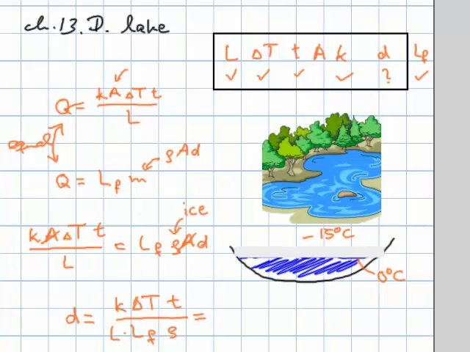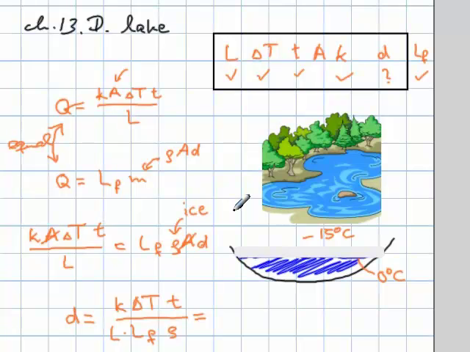Okay, haven't found it yet. I only found the values for Young's modulus and so on. Okay, it's in the chapter on fluids. The density of ice is 917 kilograms per cubic meter, so I divide by that one as well.